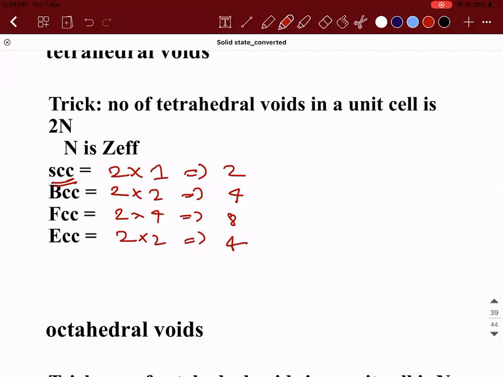Up to NCERT, this is enough. But if you really want to know how these voids occur in a unit cell, I'll explain. Shall I? Okay, take a note of this. Surely I'll explain.